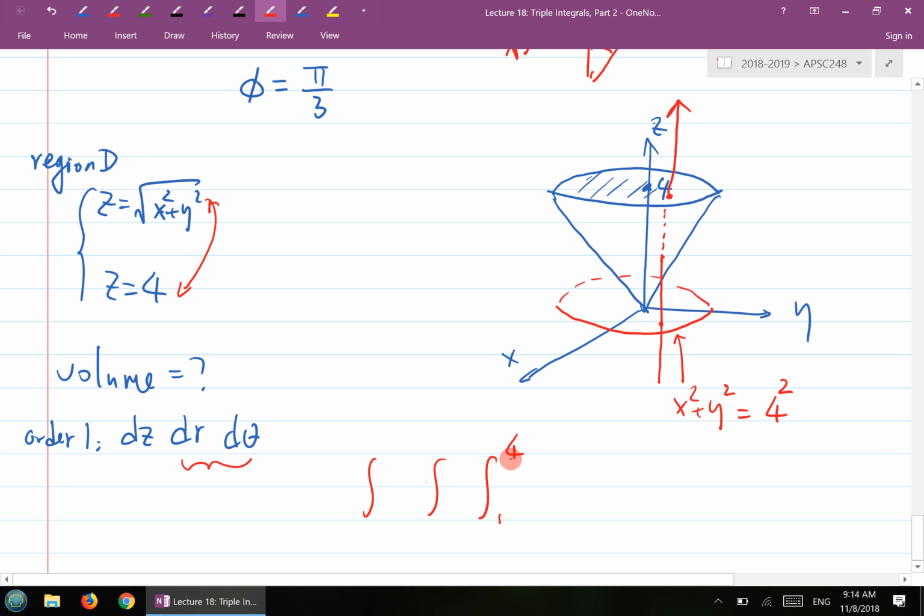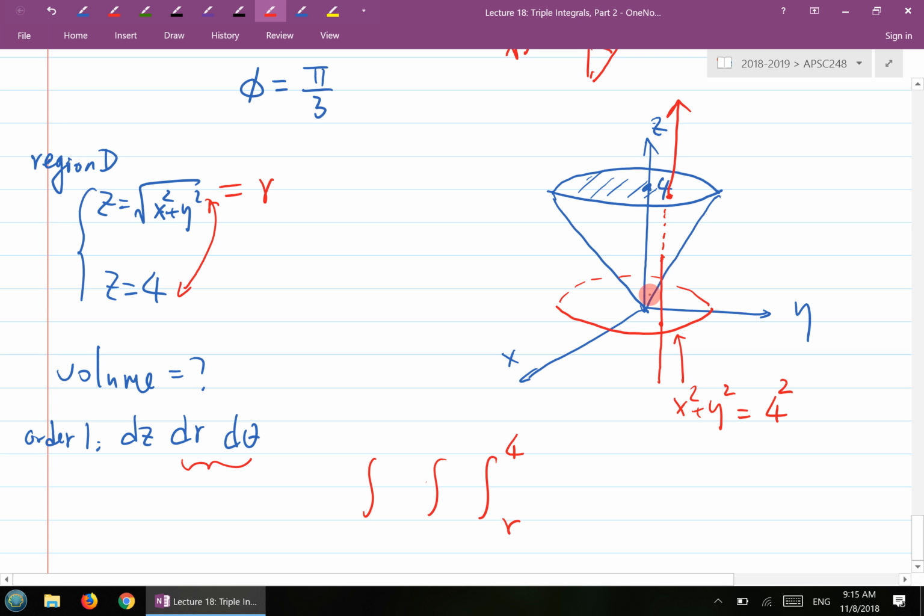So what should I put as the lower limit? R, that's right. Because your first contact falls onto this cone surface, and the cone surface, in terms of cylindrical coordinates, is z equal to r. So here is r right here. And then look for r limits and theta limits.